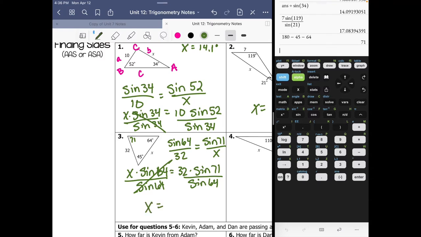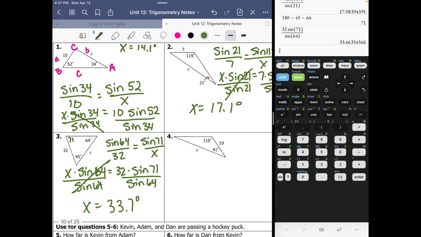So I want to make a fraction. Let's see if I can do this without messing it up this time. Over sine of 64. So that gives us 33.7 degrees on that one.